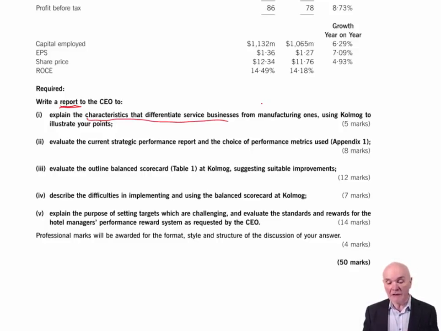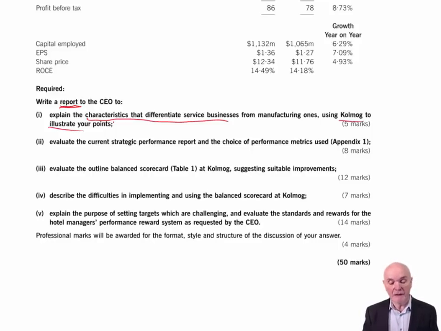And then secondly, very important, using Colmog to illustrate your points. So it's presumably about half a mark for knowing what the characteristic is, and about half a mark for illustrating that using Colmog.